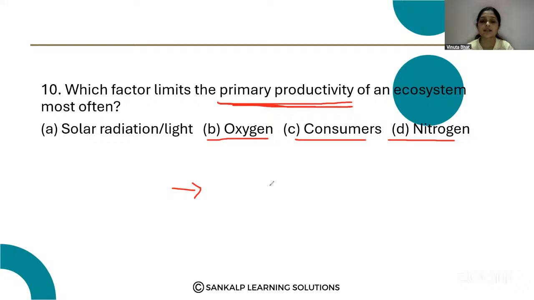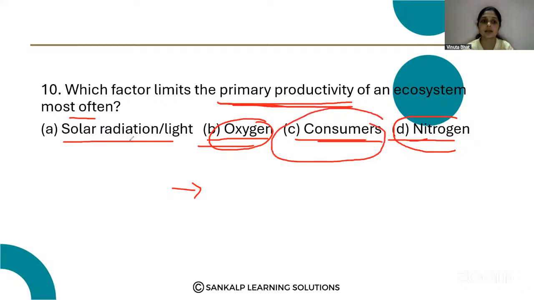So which factor limits the primary productivity of an ecosystem most often? Solar radiation, oxygen, consumers, nitrogen. Normally nitrogen and oxygen do not affect the primary productivity, and neither do consumers. Mainly it is solar radiation or the light.